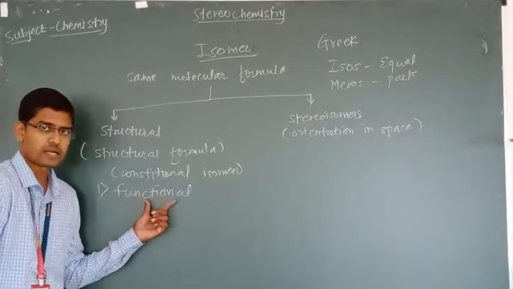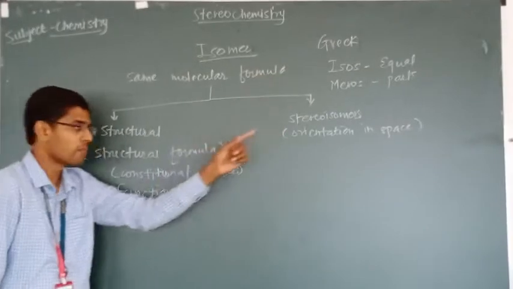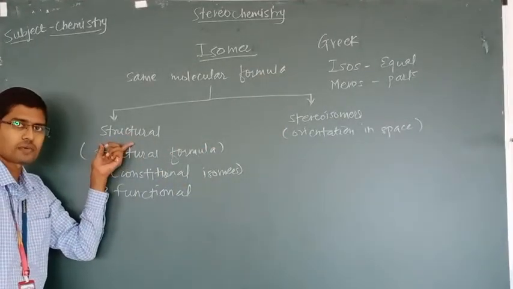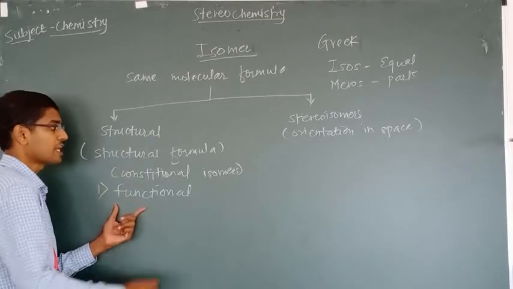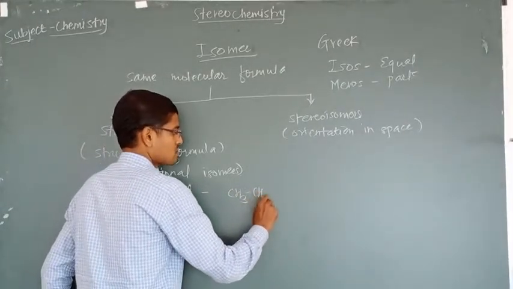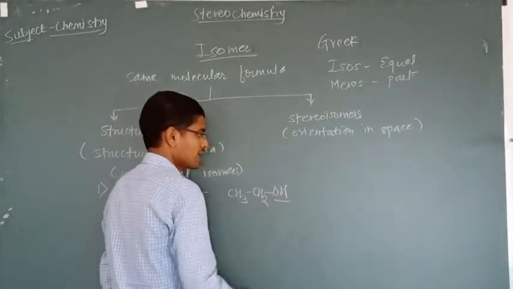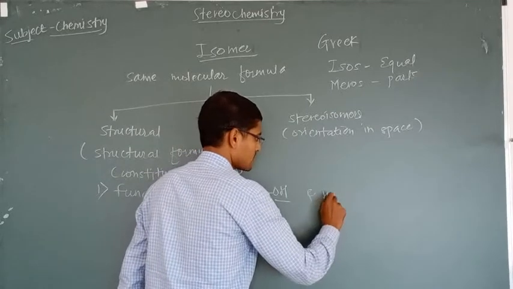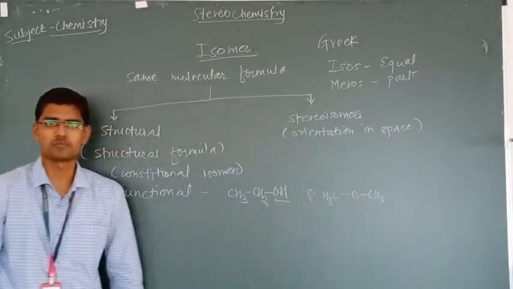These are different compounds having the same molecular formula but different structural formula. And what is the difference in structural formula? The difference is a change in functional group. For example, CH3CH2OH, an alcoholic compound, and CH3OCH3, an ethereal compound.